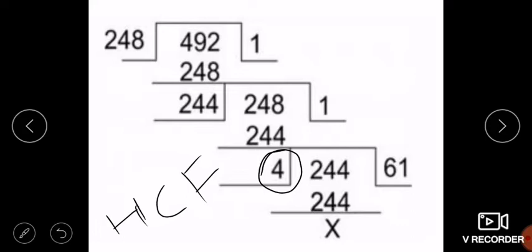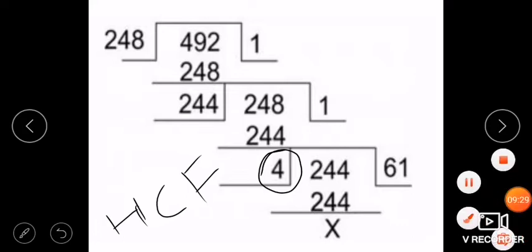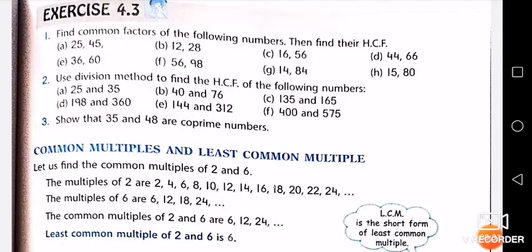So let's start our exercise. Let's start our exercise 4.3, which we have already started yesterday, and we have done the common factors method to find their HCF.